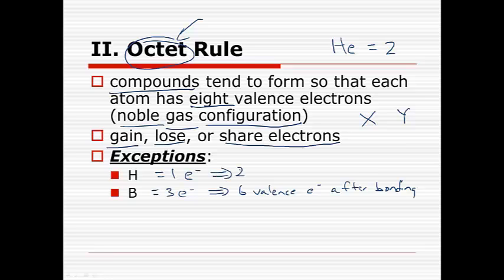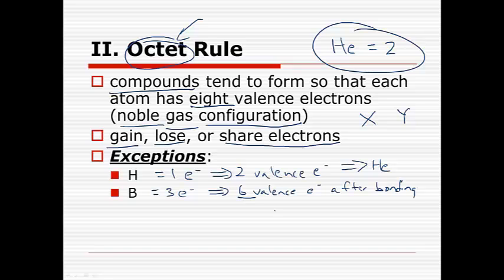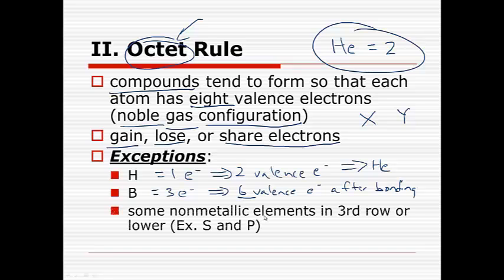It has 1 electron, it ends up having 2 valence electrons, which pretty much makes it look like helium. That's fine because helium is a noble gas. Now the 6 doesn't make boron stable, but that's what it does. And some non-metallic elements in the 3rd row or lower, like sulfur and phosphorus, can actually make what's called expanded octets. In this case, they actually end up with more than 8.